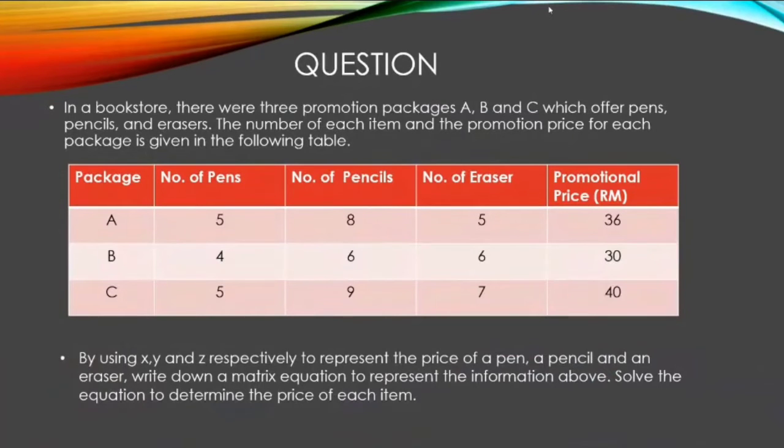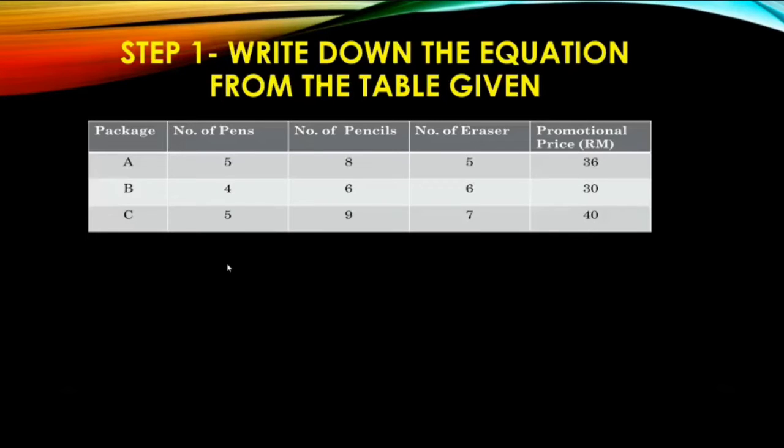Guys, I have a question. Guys, can you do this question with me? Sure. Okay, so if we let pen as X, pencil as Y, and eraser as Z, we will write down the equations from the table given.